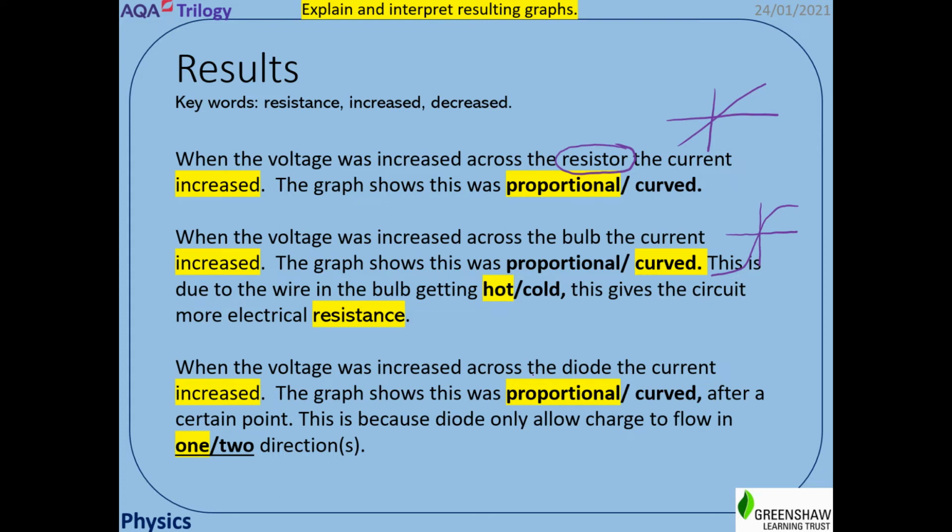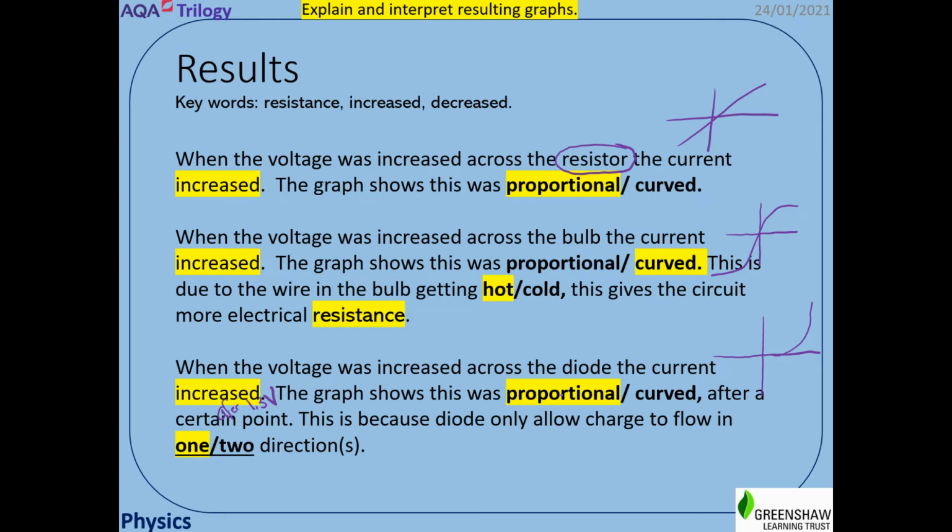And then lastly, the LED, which is quite a different graph. When the voltage increased across the diode, the current increased after 1.3 volts.